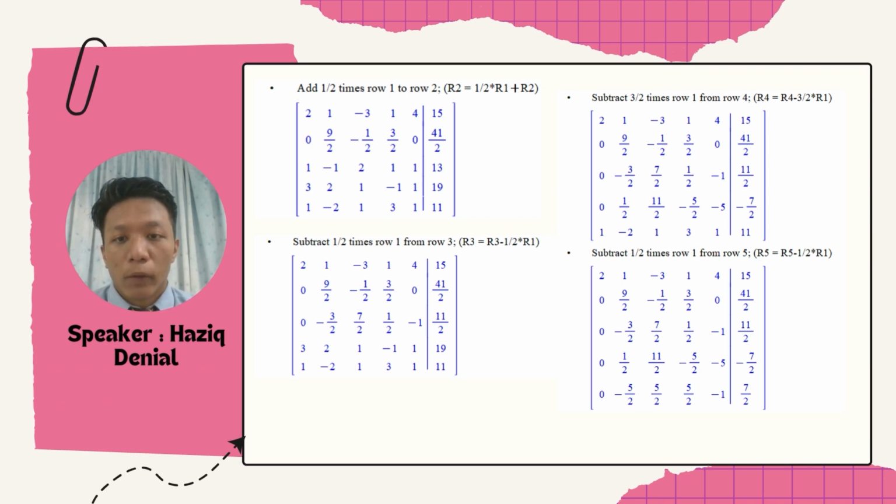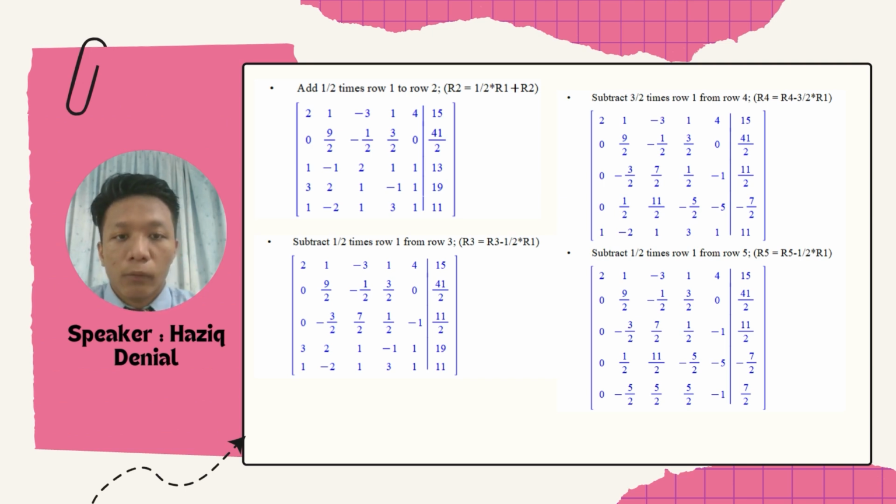And then we have to subtract 1 over 2 times row 1 from row 3, and the output will be like in the slide. And then we have to subtract 3 over 2 times row 1 from row 4.